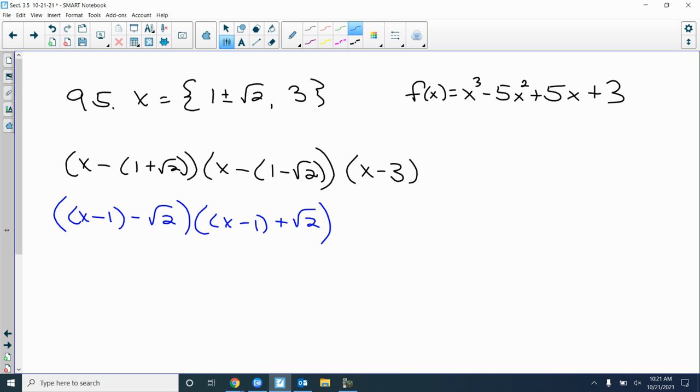So when I have 2 binomials, one's negative, one's positive, multiply them together, you get your a squared minus b squared. So it will be x minus 1 quantity squared. Negative times a positive is negative. Square root of 2 times square root of 2 is 2. So that's how I did it to find my answer.